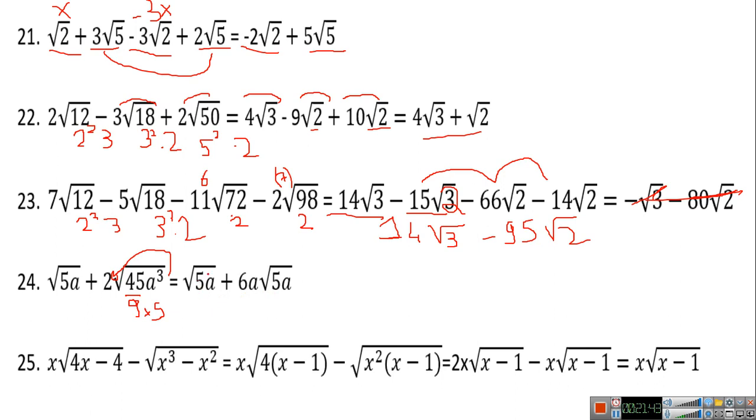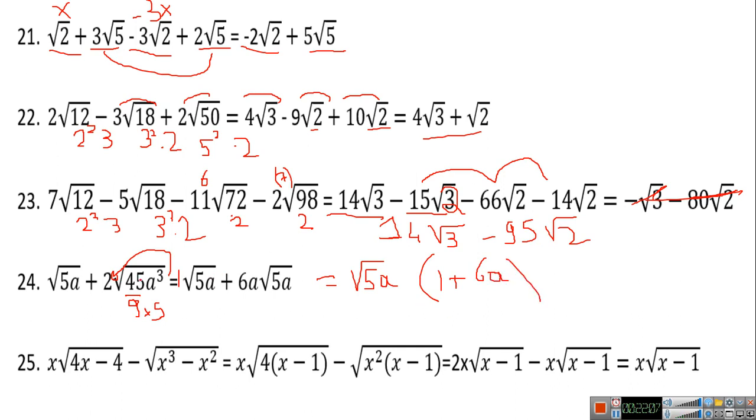Because I have root 5a and root 5a, but here I have 1 and here I have 6a. I cannot add 1 to 6a. Maximum, if you want, it's up to you, you can put root 5a in factor. Then here you're going to get 1, and here you're going to get 6a. I cannot add 1 to 6a, so I stop here.